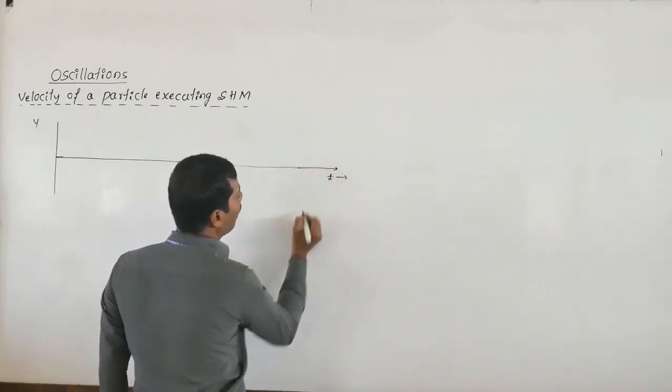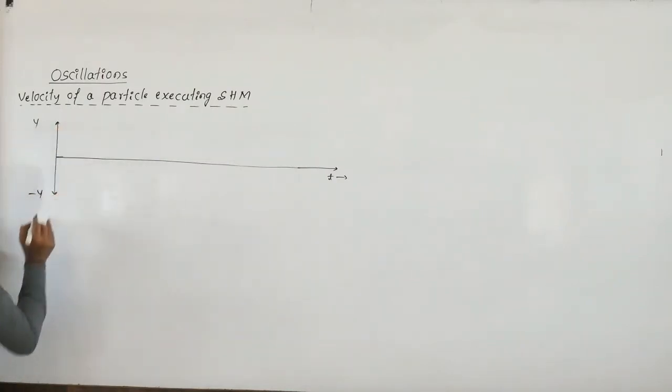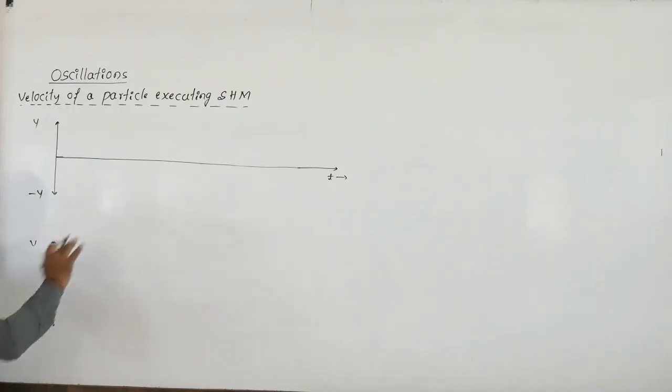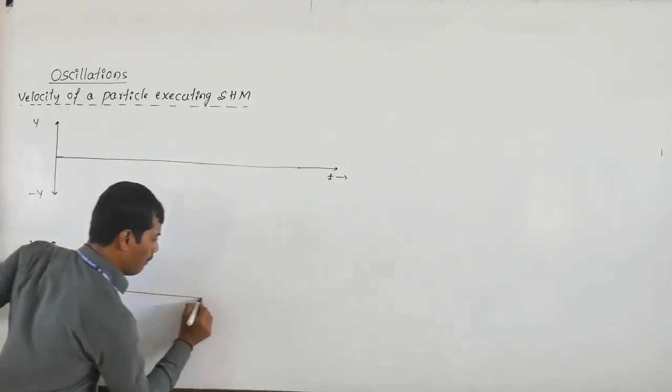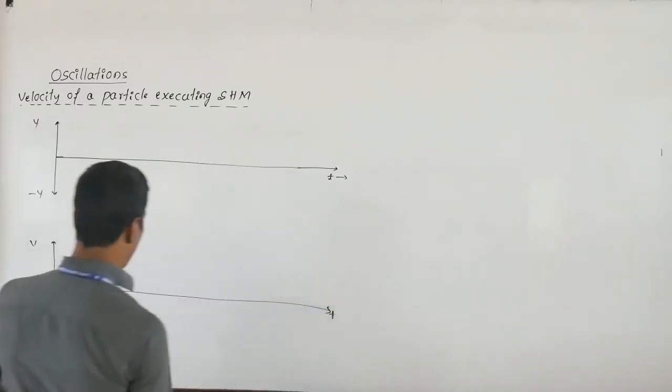The time is along the x-axis and displacement along the y-axis. Here it is minus y. And here I will draw the velocity, a velocity time graph. It is minus v and plus v. Okay, this is the time.